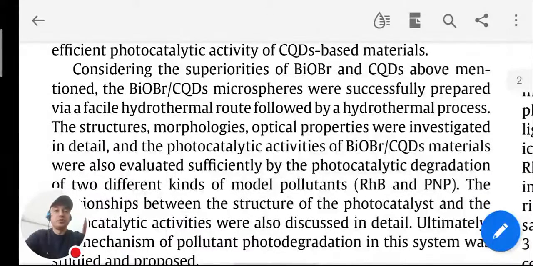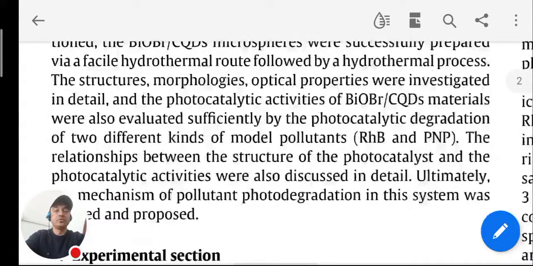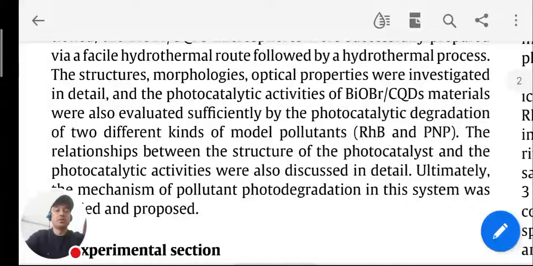The structure, morphologies, and optical properties were investigated in detail, and the photocatalytic activities of BiOBr and carbon quantum dots material were evaluated sufficiently by the photocatalytic degradation of two different kinds of model pollutants, rhodamine B and phenol.